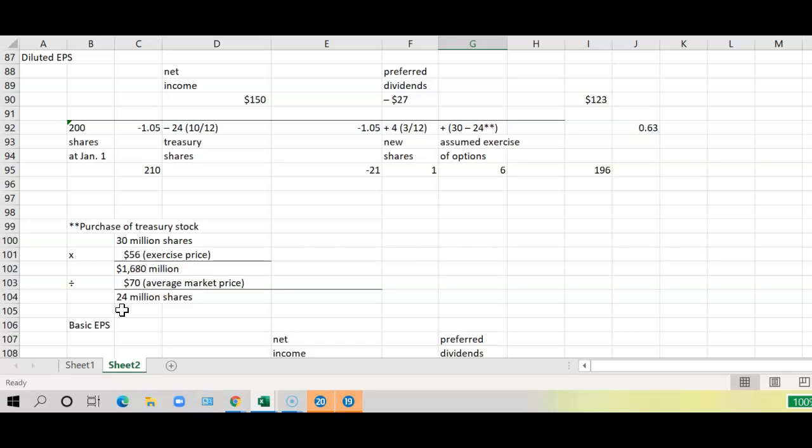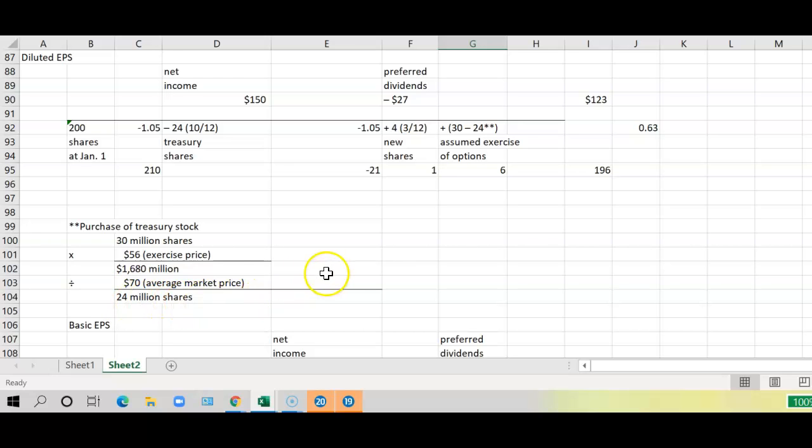This is known as the treasury stock method. They take the proceeds from the exercise of the stock options, which is 30 million shares that were outstanding all year, times the exercise price of $56. That's what they're going to receive from the employees. So they have $1,680 million. They're going to take that money and repurchase the stock at the average price of $70, but they can only buy 24 million shares.